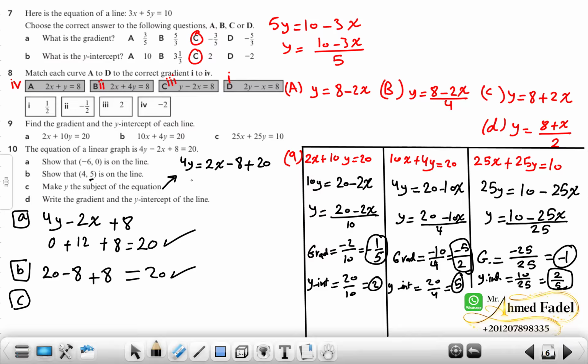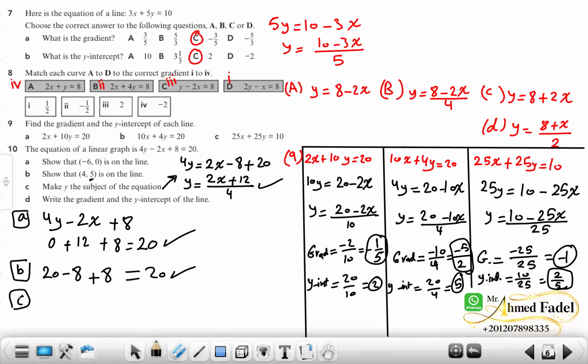Now I'm going to send the 4, the coefficient of y, to the other side, but it's going to be division. So y equals 2x. Negative 8 plus 20, you can just add them, is positive 12, over 4. Now I made y the subject of the equation.